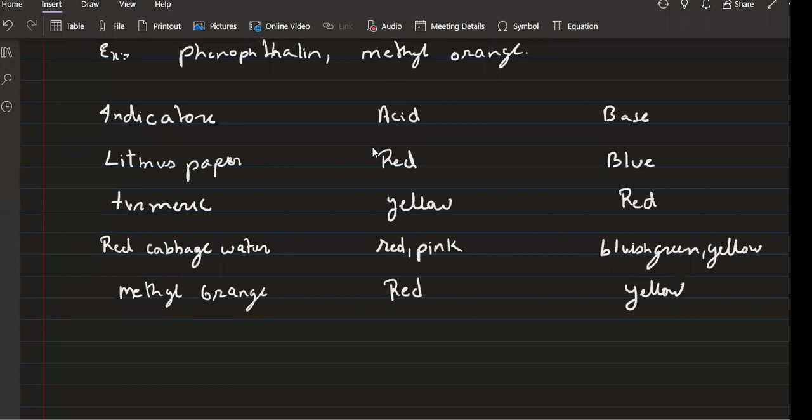Okay, everyone? Right? Then we have phenolphthalein. There are many indicators, many. So these are some very common indicators that we have to study.